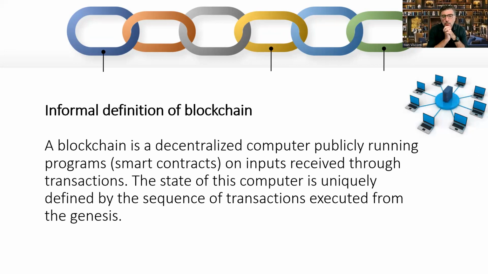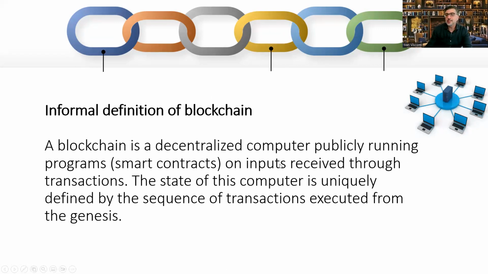So we can consider in this lecture a blockchain as a decentralized computer, despite the name, chain of blocks. Just think about a decentralized computer that is publicly running programs. And these programs are usually called smart contracts. All programs require inputs to then make some operations.